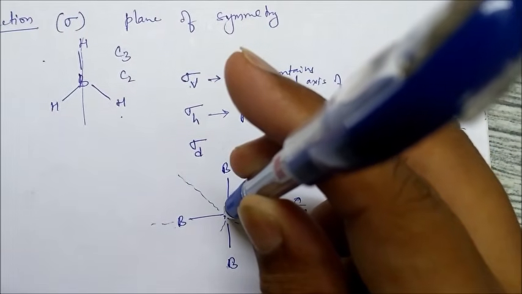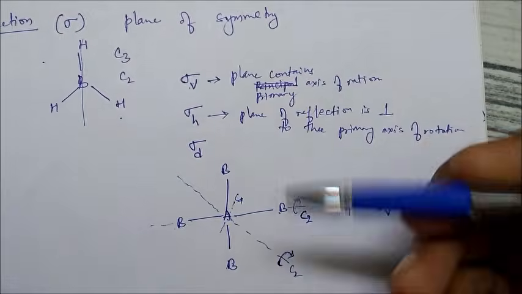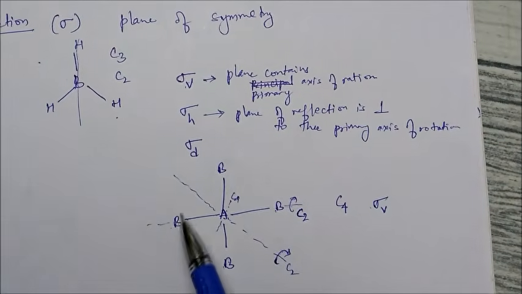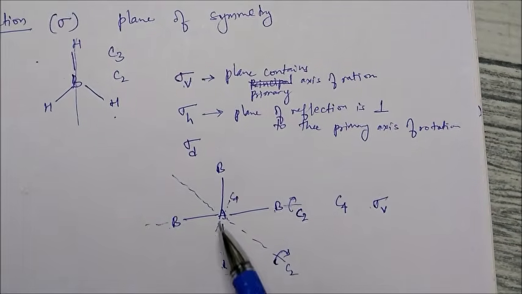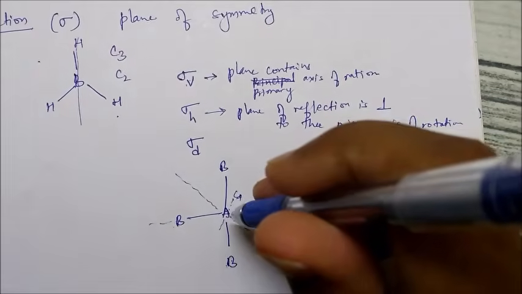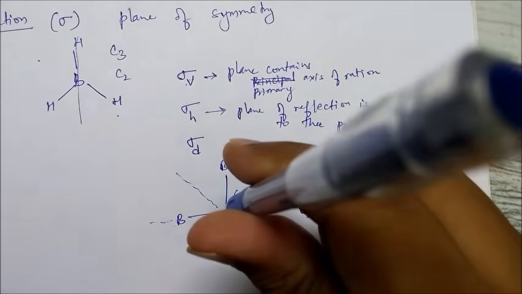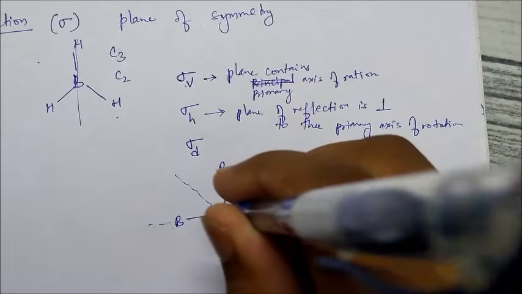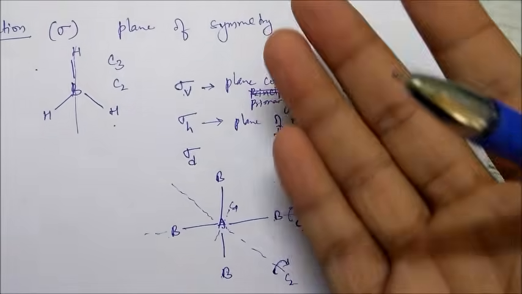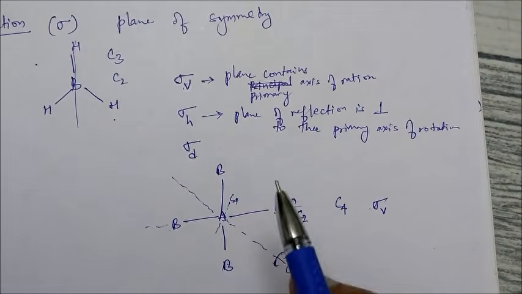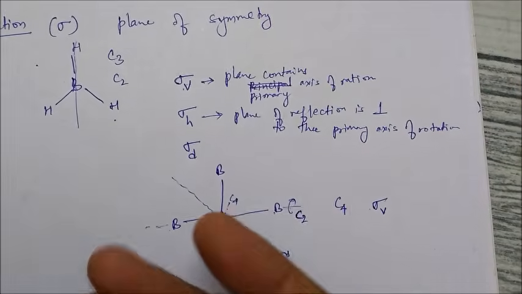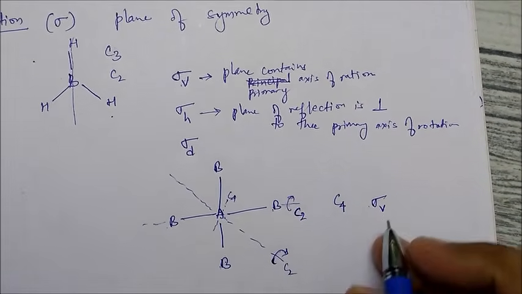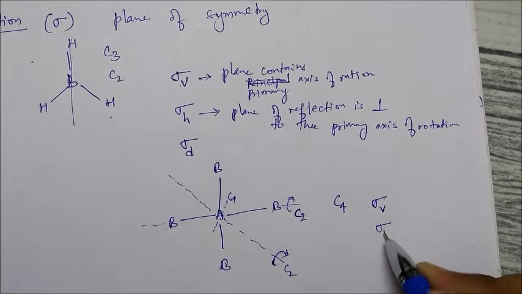If we consider a plane that is this paper itself, cutting all the atoms, all four B and this A, that plane and this axis are perpendicular, just as this paper and this pen are perpendicular to each other. So this paper itself is a plane perpendicular to the primary axis of rotation. That's why that plane is called sigma h.